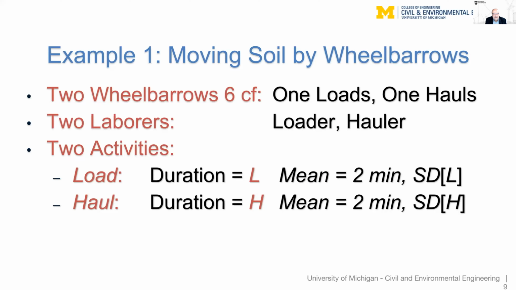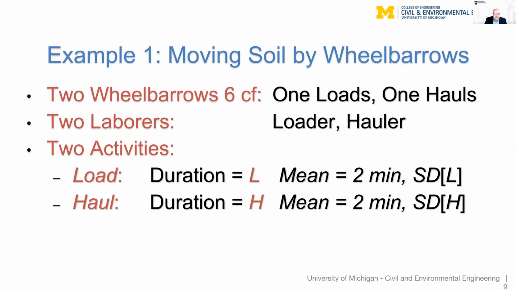Now, the load activity involves taking 1 of the wheelbarrows and 1 of the laborers and loading it up to 6 cubic feet or something less, depending on which policy we implement. And the second activity, haul, takes 1 of the laborers who hauls, dumps, and returns with an empty wheelbarrow so it can be loaded again.